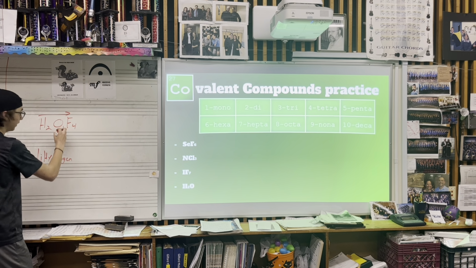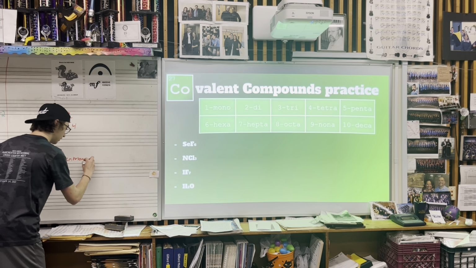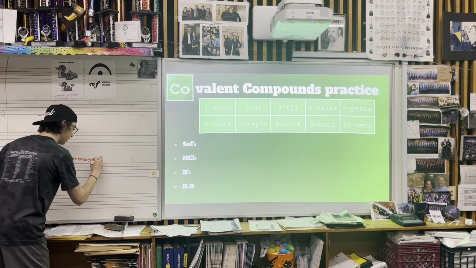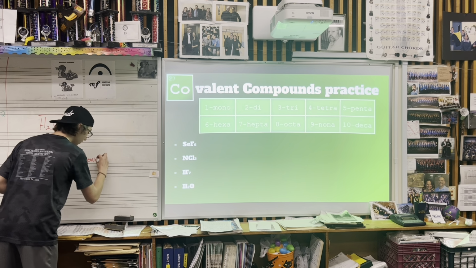Mono, there's a little hidden 1 right there. Monoxide. And then the 4, we take the tetra from the chart.